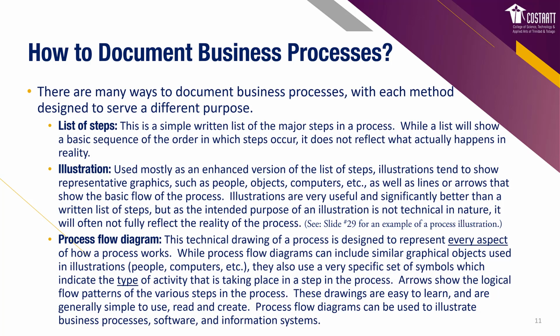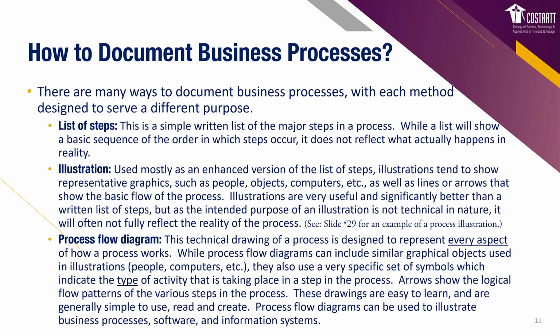So, after all this talk about business processes, how do we document business processes? Well, there are different ways of doing that. But each way tends to serve a different purpose.